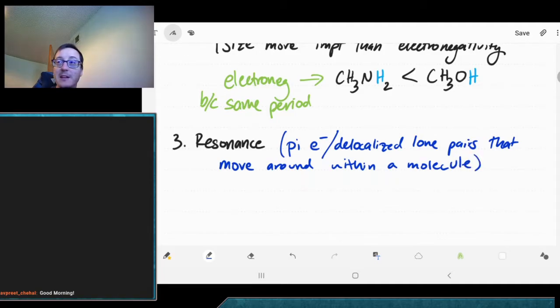And remember, we had some rules with those. We're always starting resonance from a lone pair or a double bond, so pi electrons or delocalized lone pairs. Those are places where we can start resonance, and we end it in essentially the same spot, so either forming a new double bond or forming a new lone pair on an atom. Those are places where we can end our resonance.